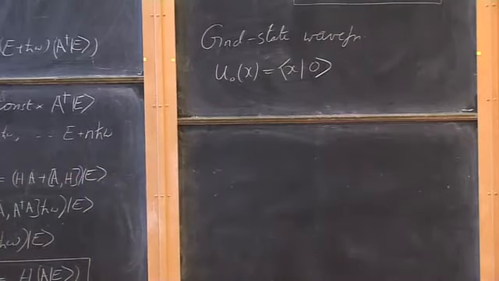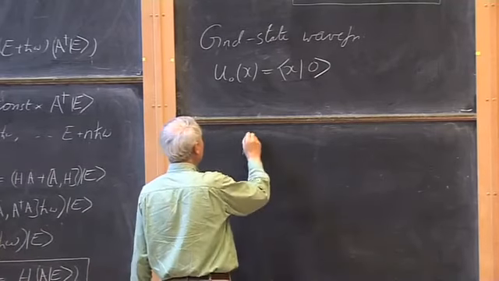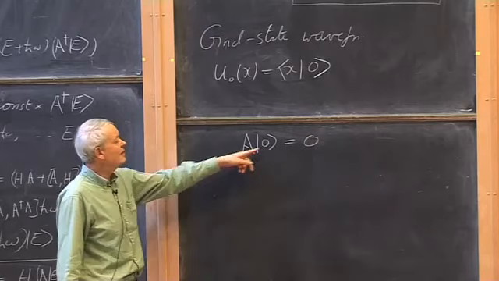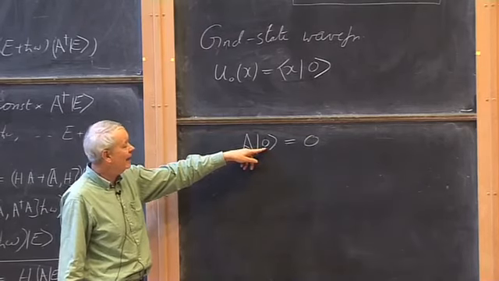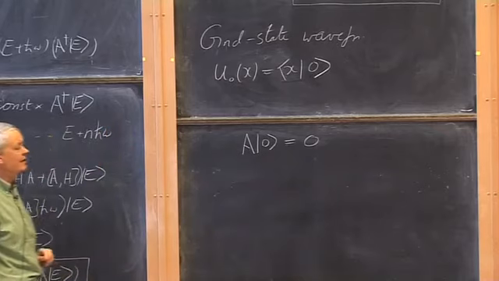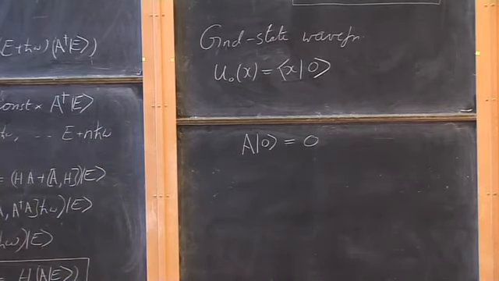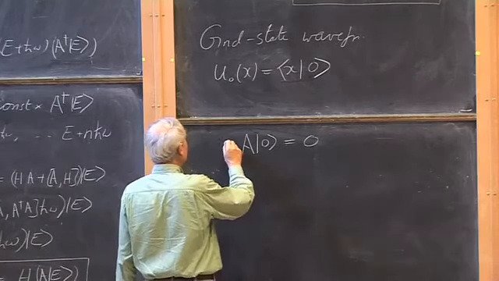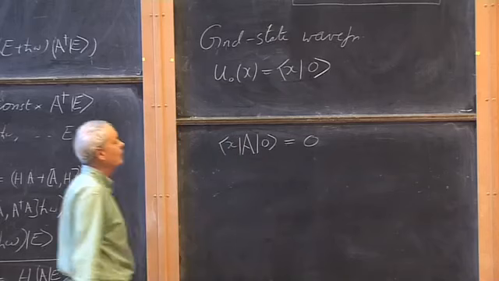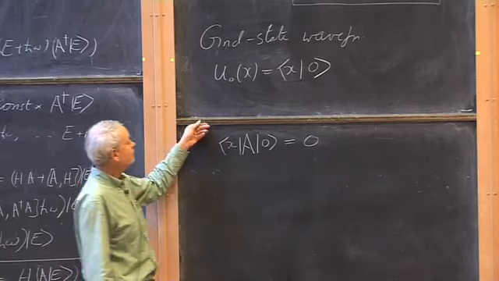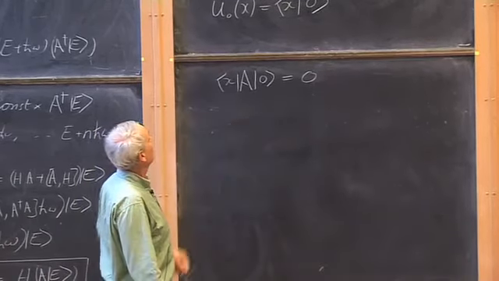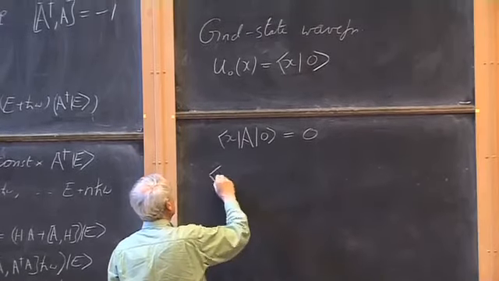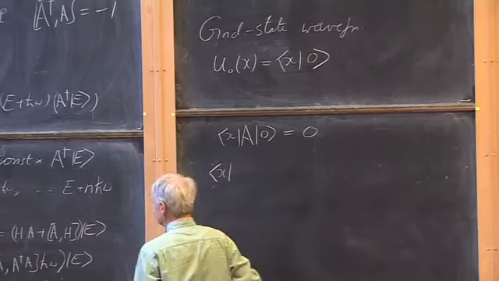And this satisfies a natty equation, because what we know is that A operating on naught is equal to naught, right? The ground state is defined to be the one and only state that the destruction operator A kills stone dead. So if we multiply this equation on the left by x, we still have a valid equation. Let's write in what A is.